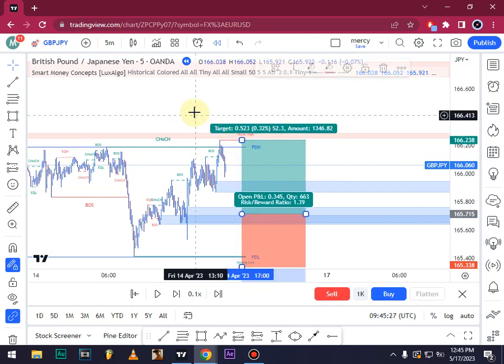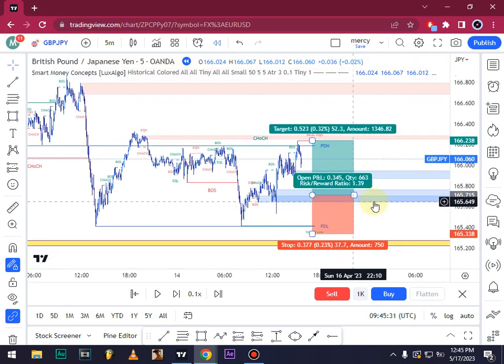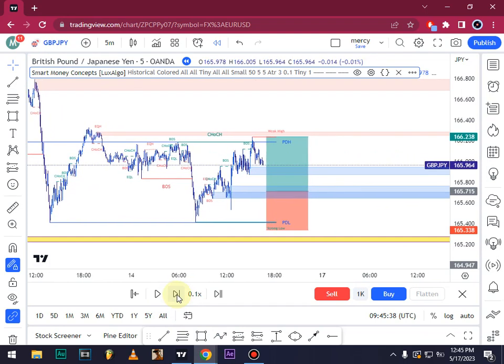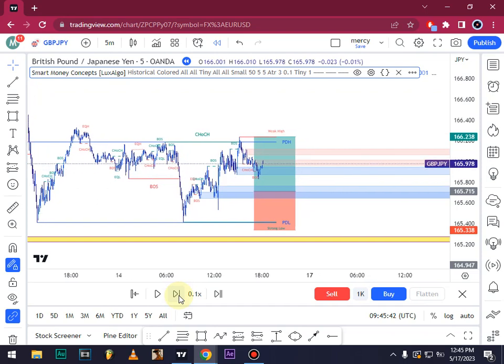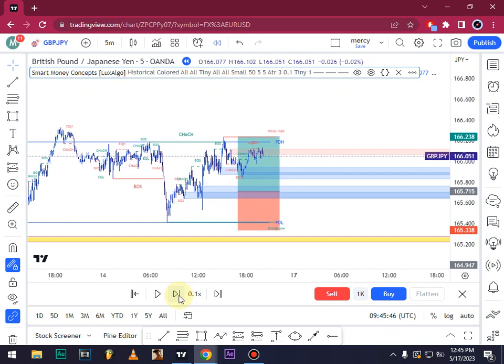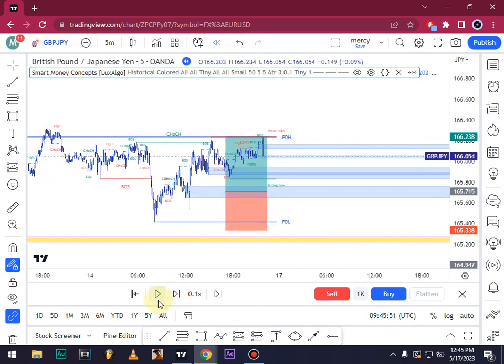Then the previous high. Okay, so this should be a risk to reward ratio of about 1 to 1, because I'm risking 30 to give me 50. Okay, price has not yet taken us, so are we going to miss that entry, gang?